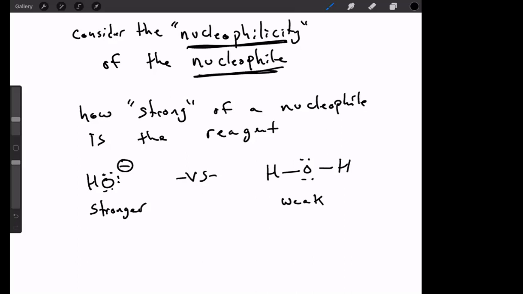And so it's not that a substitution reaction or an Sn2 reaction won't occur with these two species. It's just that one is going to be more favored over the other. And at this point, all you really should be able to do is identify the strength of a given nucleophile.